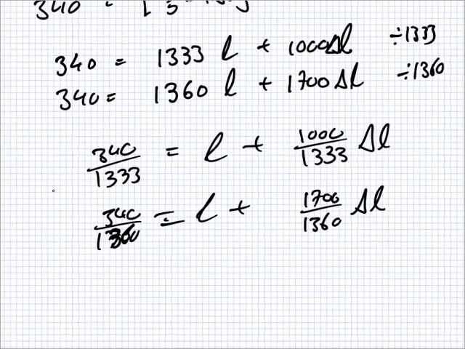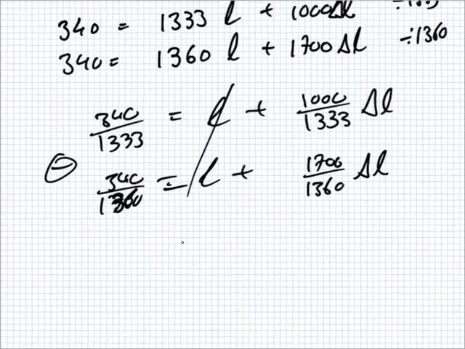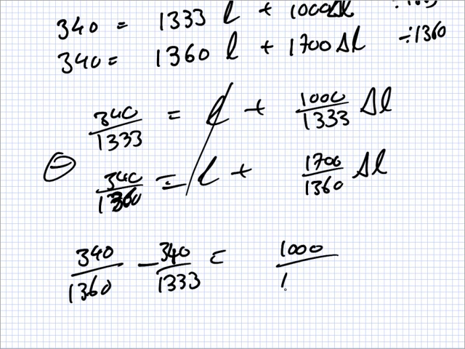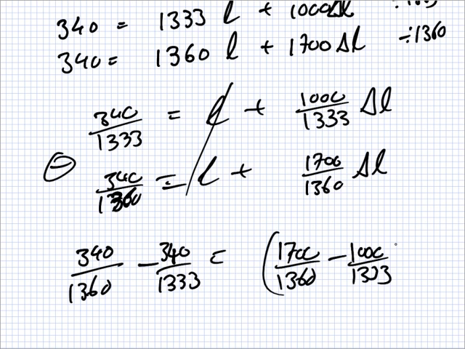Okay, and then I'll minus them. So the L's cancel. Which one is bigger? The bottom one, obviously. So if I do the bottom minus the top, I get 340 over 1360 minus 340 over 1333 equals 1700 over 1360 delta L minus 1000 over 1333 delta L. So if I just take this and divide it by that, if you complete it on your calculator, I'll have this.